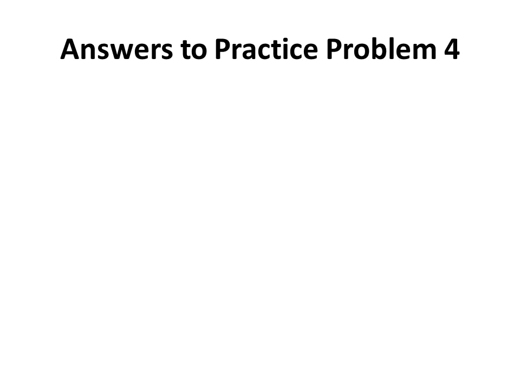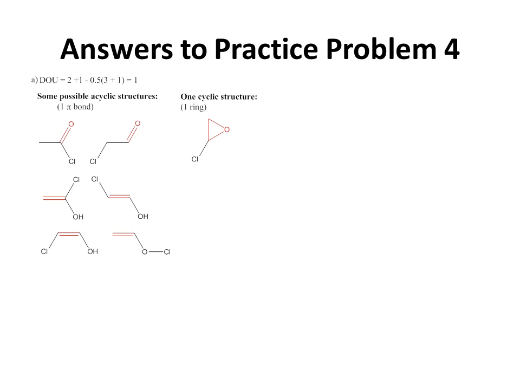Answers to practice problem 4. Well, in part A, the DOU is equal to 1, and there are several different possible acyclic structures. I'm giving you some examples here; it's not exhaustive. You could have drawn something different. In each case, there's 1 pi bond, and I've used in the top example C double bond O for our pi bond.